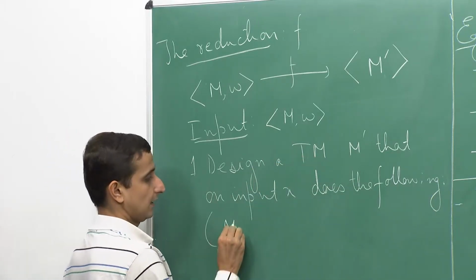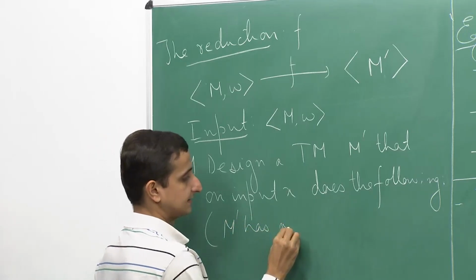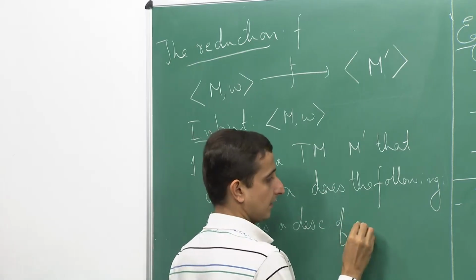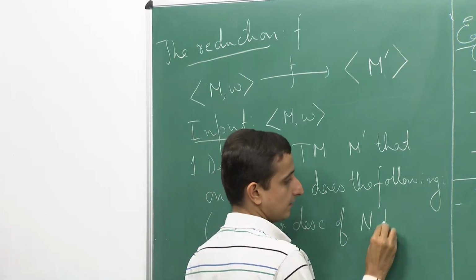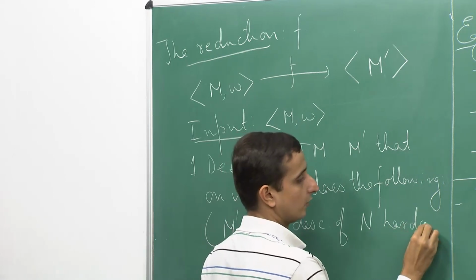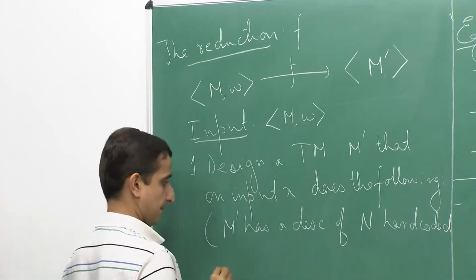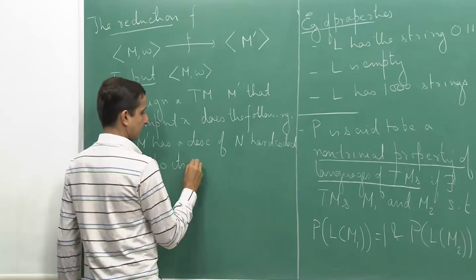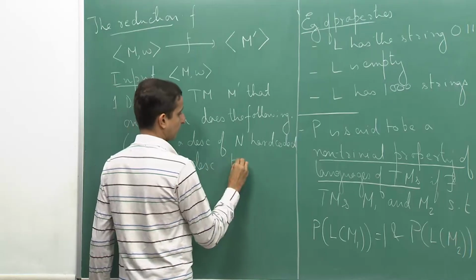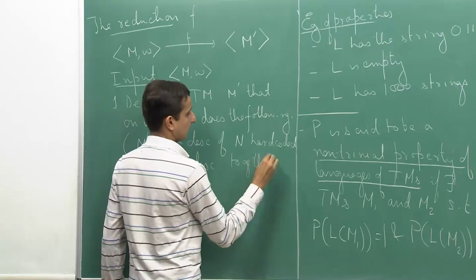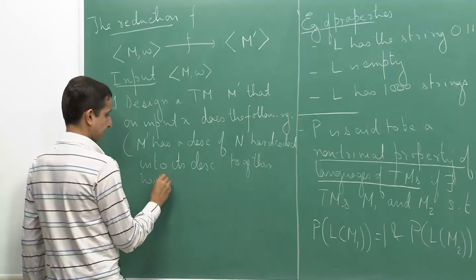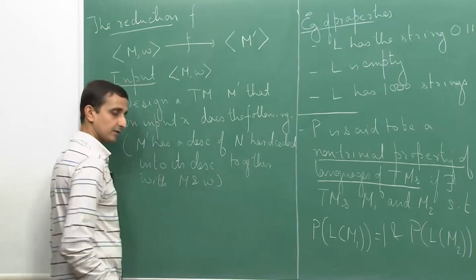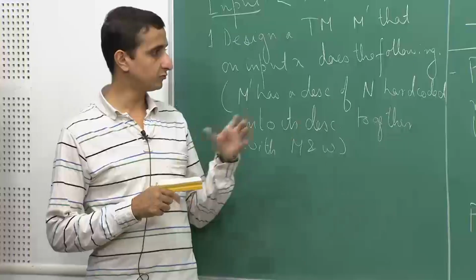So, M prime has a description of N hard coded into its description, together with, of course, M and W. How should you picture this?